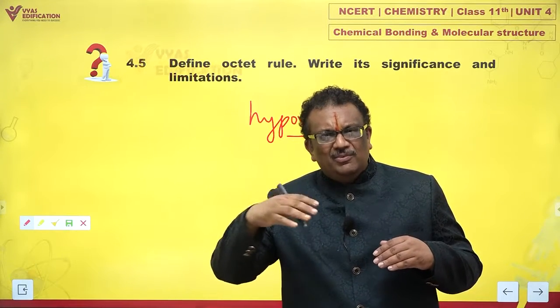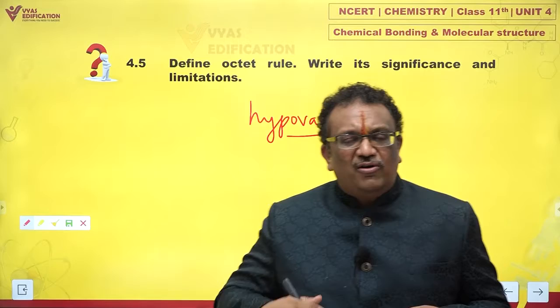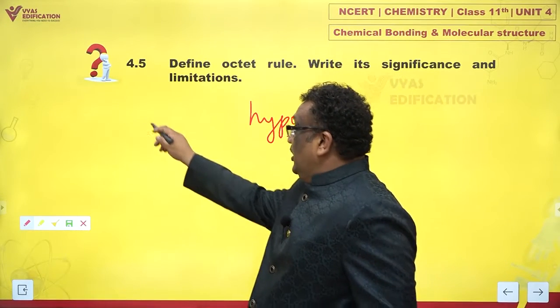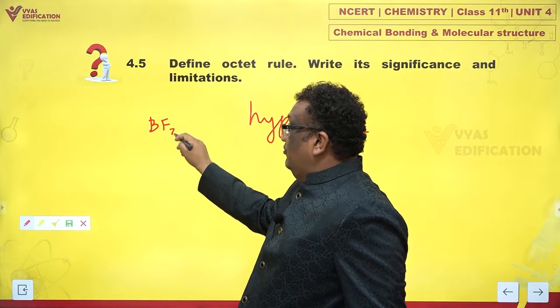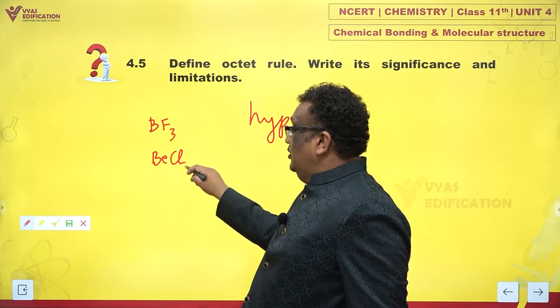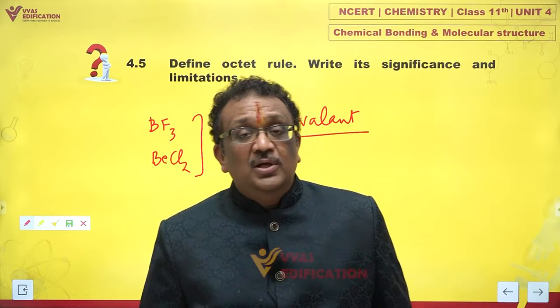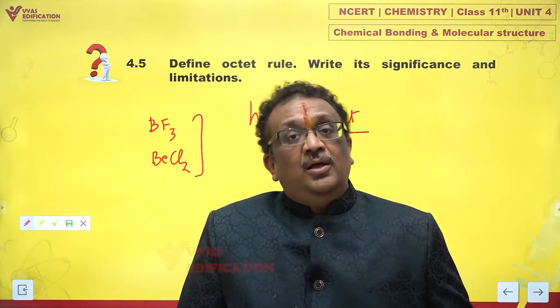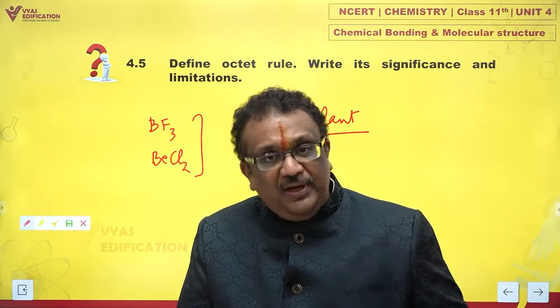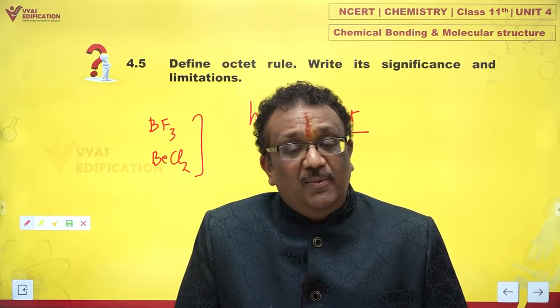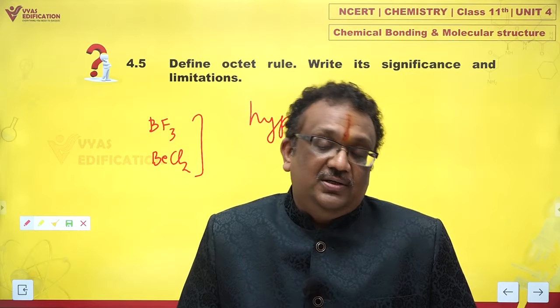You know, the ones which have lesser number of electrons than what is required. But yes, are they formed? Yes, they are formed. Compounds like BF3, BeCl2, they are exceptions to octet rule. Octet rule doesn't work with them. So for second period elements, atoms tend to complete an octet, yes, but there are certain molecules, and especially the molecules formed by beryllium and boron, which have incomplete octet.